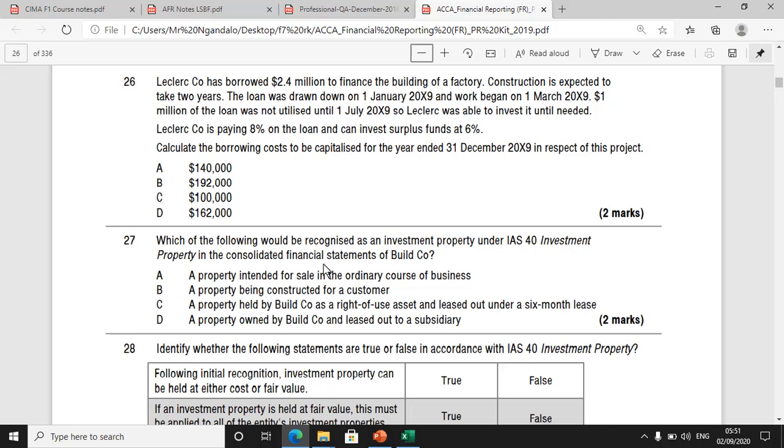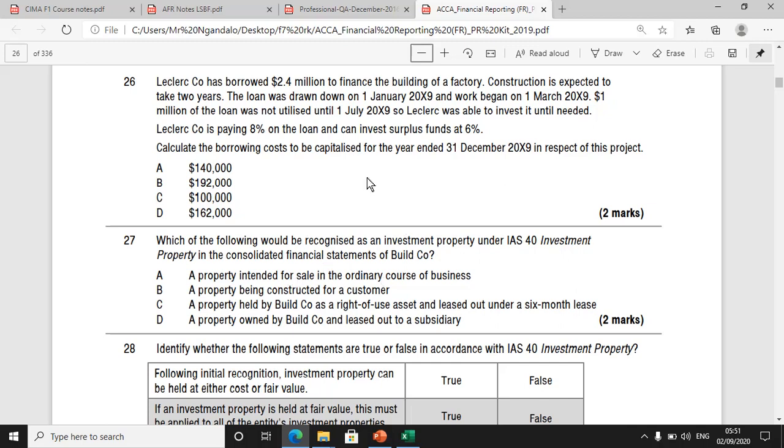We are told that 1 million of the loan was not utilized until 1st July 20X9, so Leclerc was able to invest it until needed. Leclerc company is paying 8% interest on the loan, and they can invest surplus funds at about 6%. Calculate the borrowing cost.